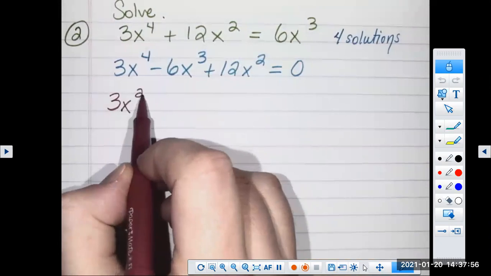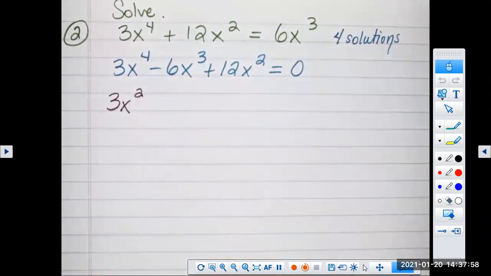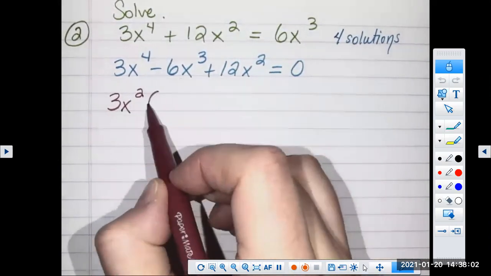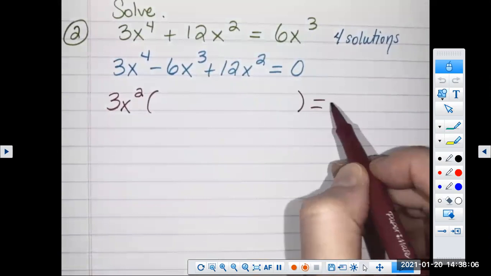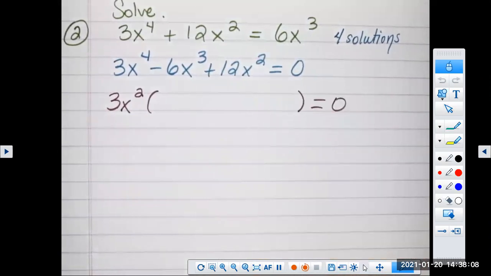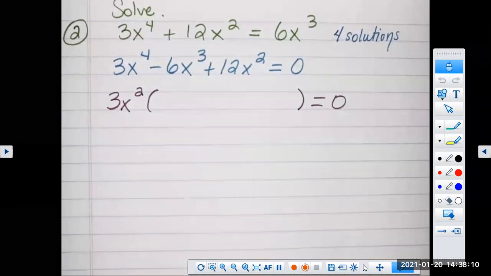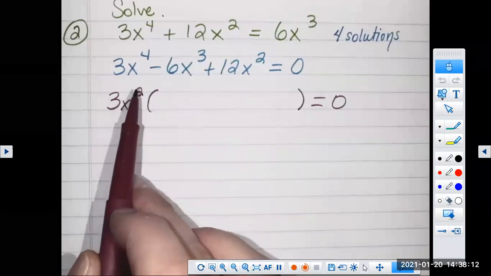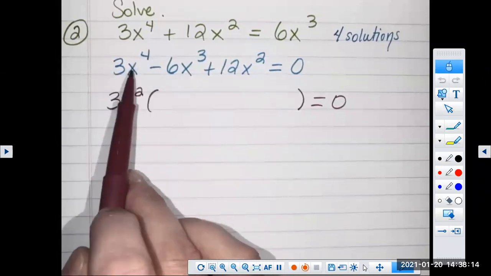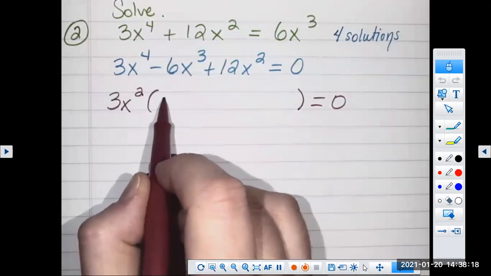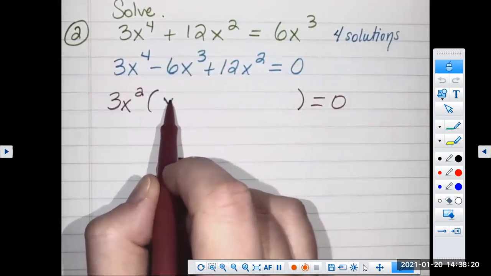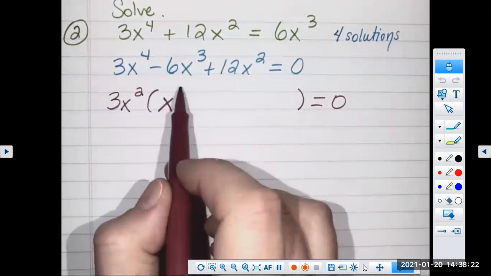So they all have an x squared. All right, let's see what we're left with from that point. When you factor out a 3 and an x squared, you're left with what here? X to the second.